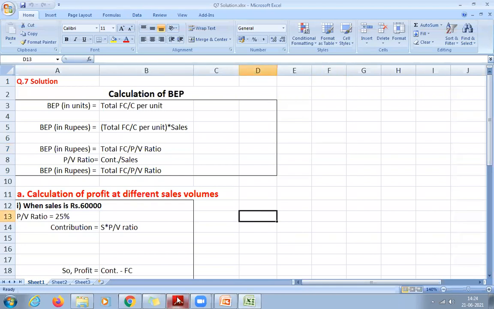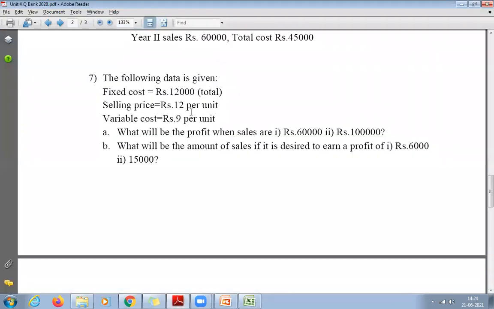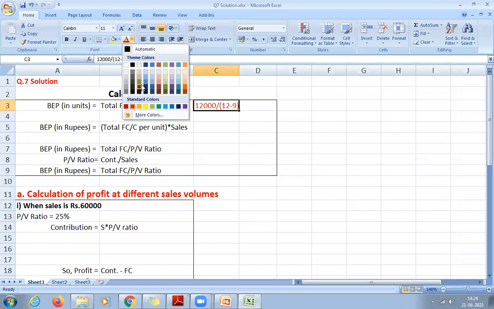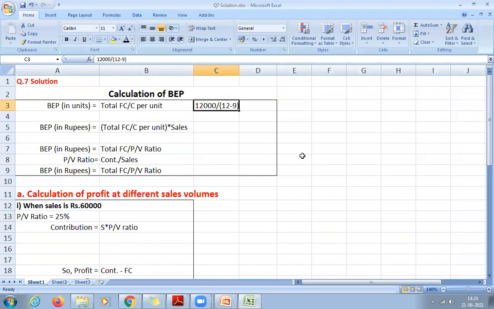Sales minus variable cost. Sales is 12 rupees, variable cost is 9, so 12 minus 9 is 3 per unit. So 12,000 divided by 3 is 4,000 units.